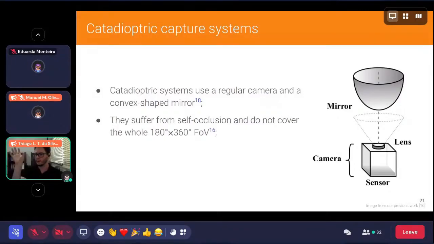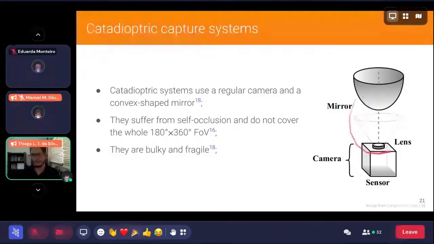So we cannot see through the mirror nor below the camera. Two other problems of this kind of capturing device are that they are bulky, so we need a complex system here, and fragile because we have those mirrors.